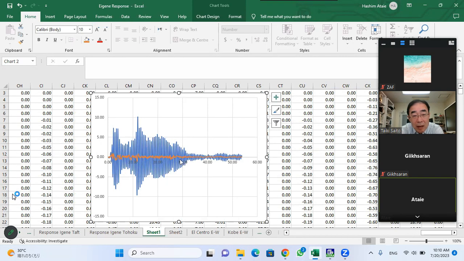The orange is with TMD and the blue is without TMD. It is the same as nonlinear, Sensei. Didn't change the result. And I tried this for a frame of one story also. The result is the same.